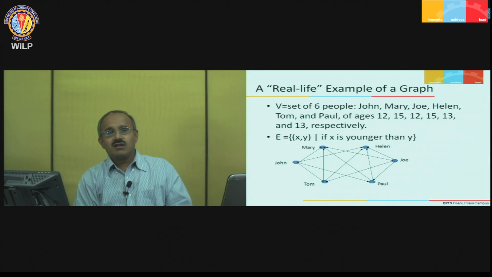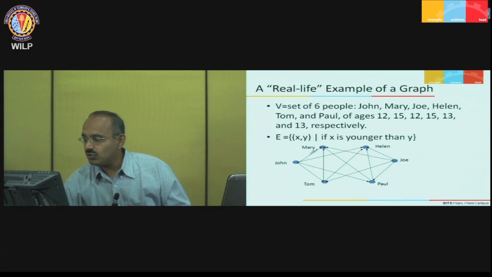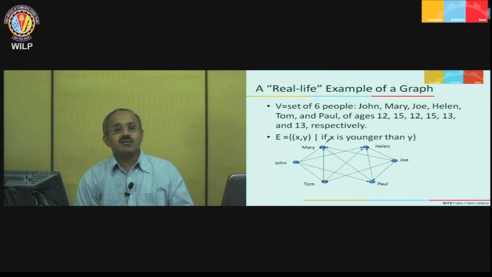So, we are not writing down. If you want to write down the algebraic expression, you have to write down. So, your V will have 6 people, and the number of edges you will have is going to be quite large. It is not very easy to draw inferences from the algebraic definitions. Whereas, in the visual representation, it is easy to see that there is an edge from John to Mary, then John is younger than Mary, right.